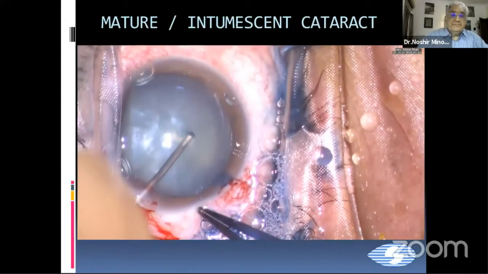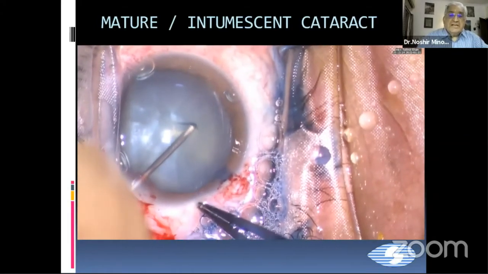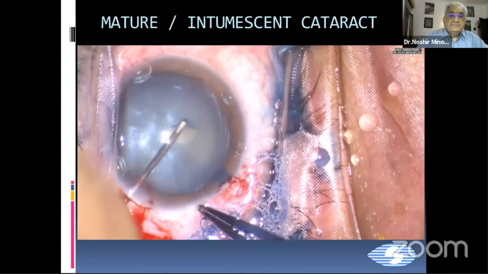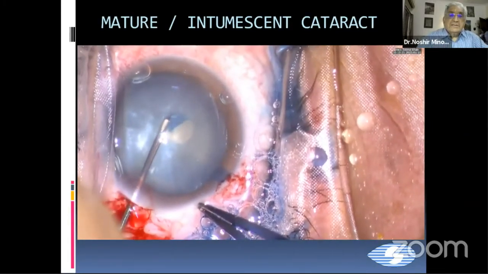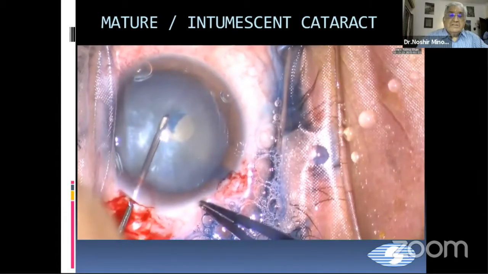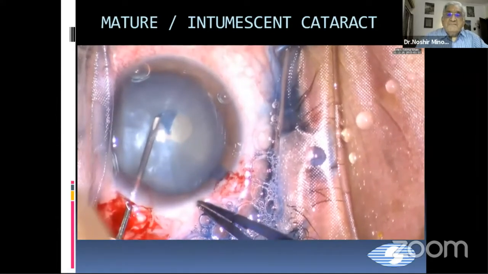Now this is an intumescent cataract, and you see that this is a cataract in which the rhexis can go to the periphery very easily.